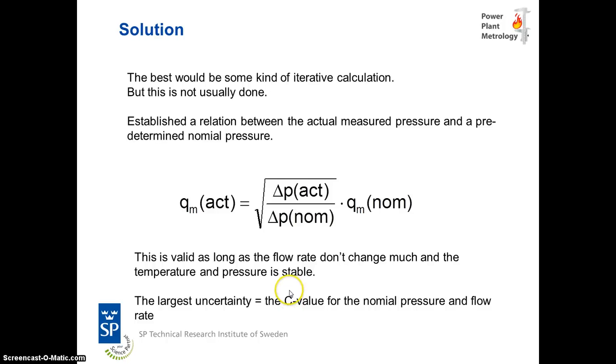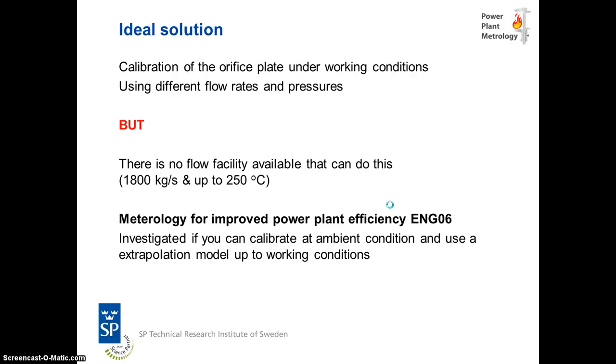The largest uncertainty is actually what discharge coefficient you're going to use for this nominal flow rate and pressure. So the real ideal would be to do a calibration under working conditions and use different flow rates, temperatures, and pressures, but you have no facility available that can reach those temperatures, flow rates and pressures.